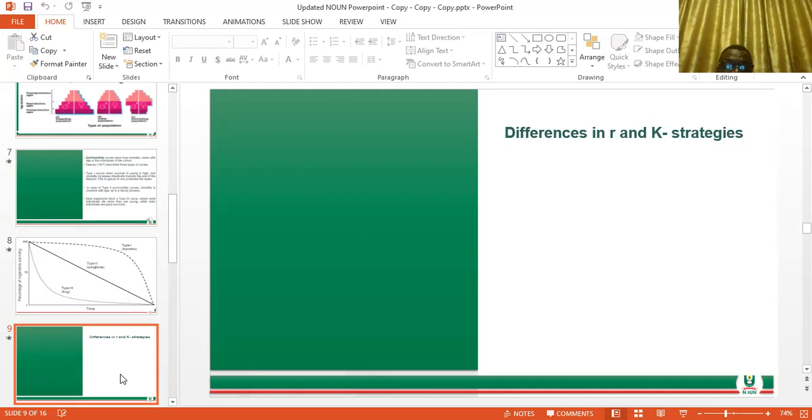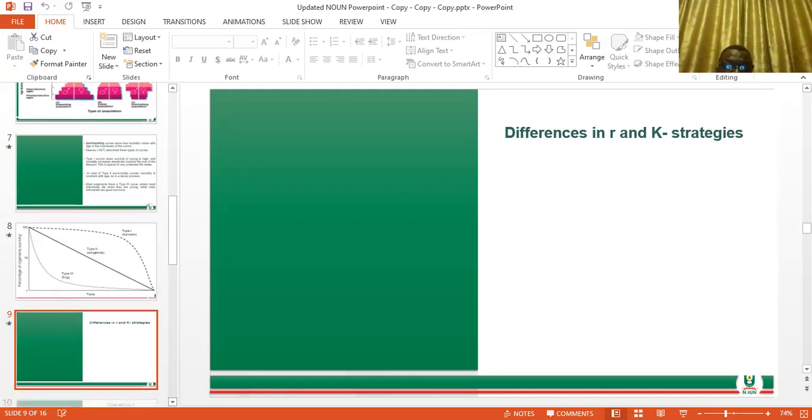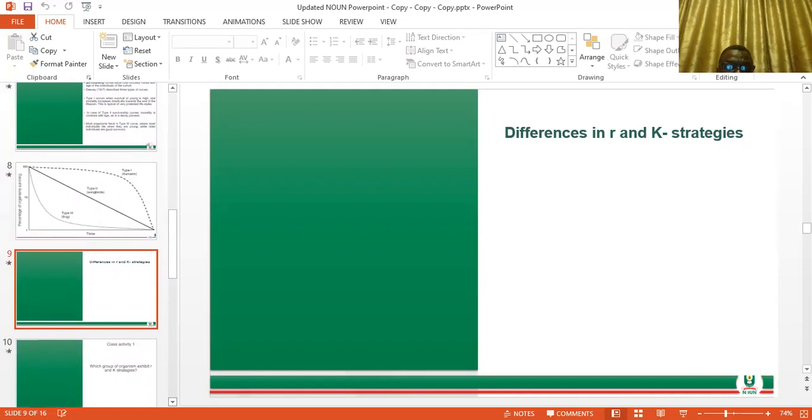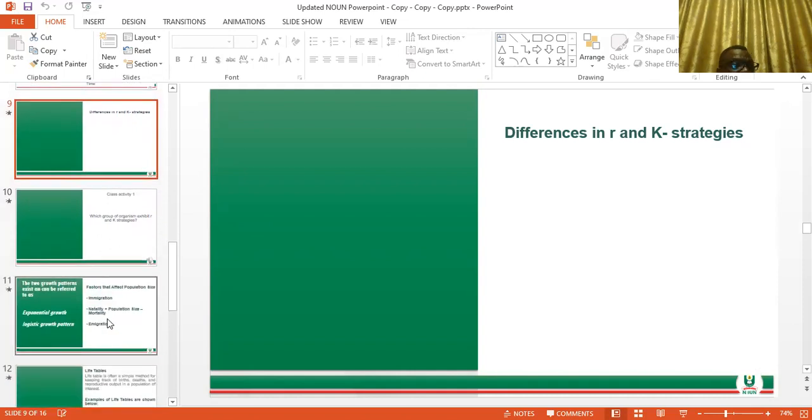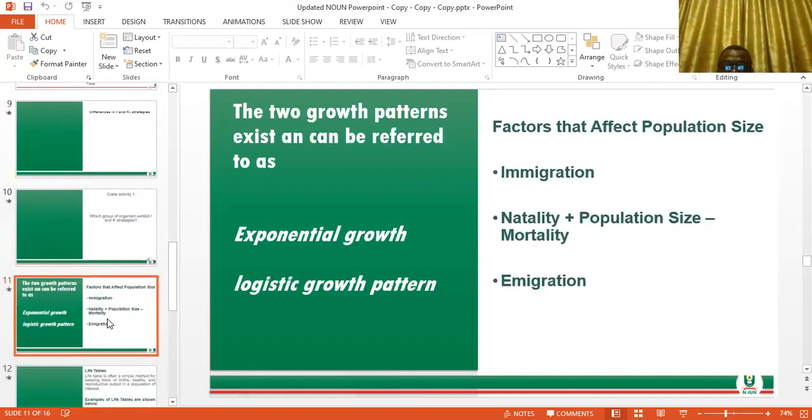So those are the differences, and I think I asked the class to also do some activity regarding which group of these strategies humans exhibit.